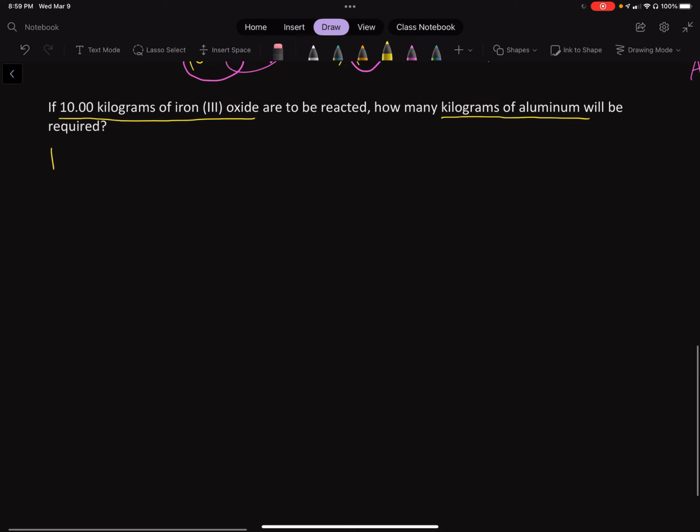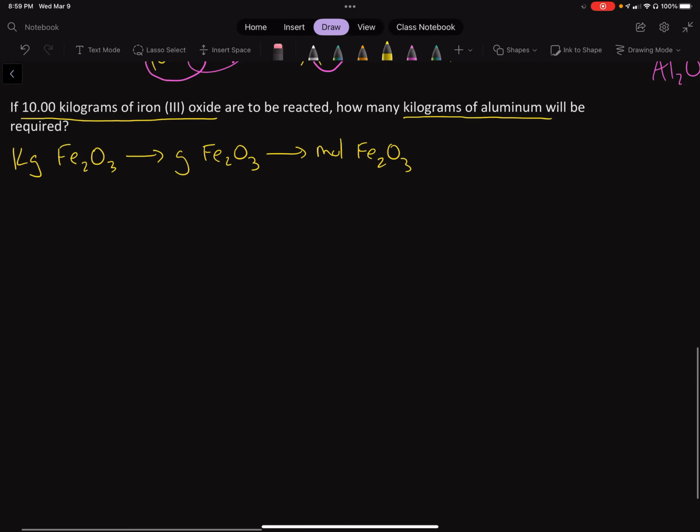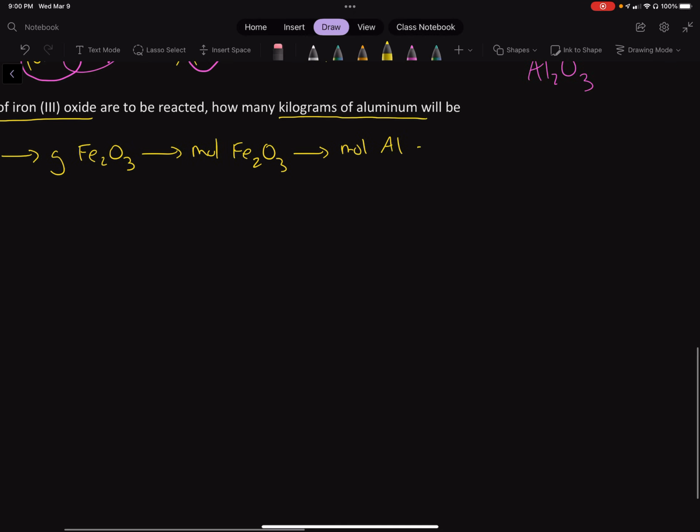So our strategy is to go from kilograms of iron 3 oxide to grams of iron 3 oxide to moles of iron 3 oxide. We have to get to moles if we want to use the mole to mole ratio. Then we would go to moles of aluminum, and then we would go to grams of aluminum, and then finally to kilograms of aluminum, since that's what they're asking for.